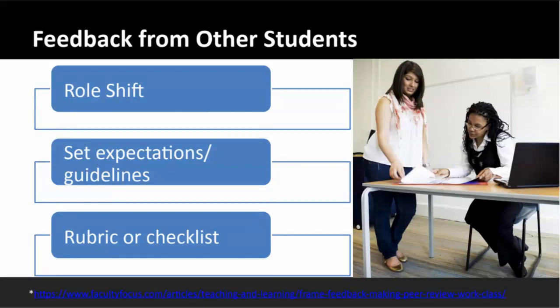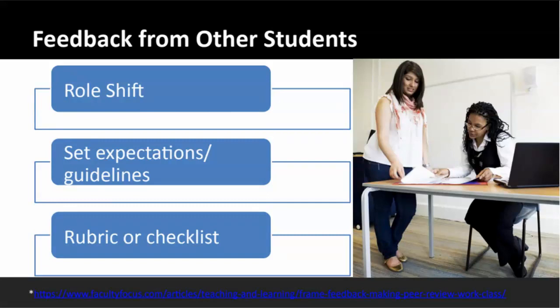Rubrics are a very effective tool for grading. And for something like a research proposal, I use a checklist because it's a very involved project, and the rubric would be really long and kind of unwieldy.